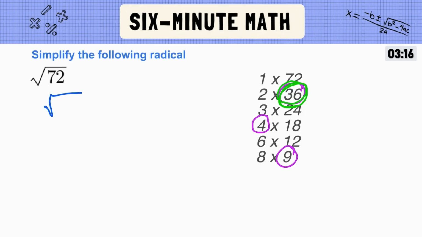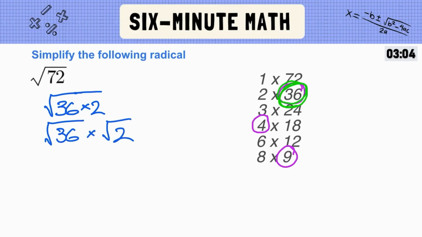So I take my root 72 and I split it up into root 36 times 2. We're going to split that into two roots. We're going to root 36 times root 2. Root 36 is 6 times root 2. And then we make that look nice, 6 root 2.